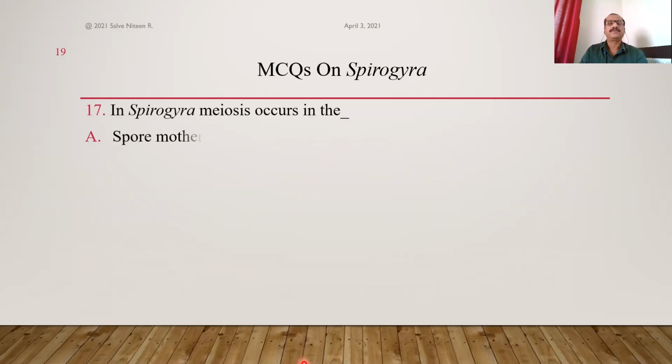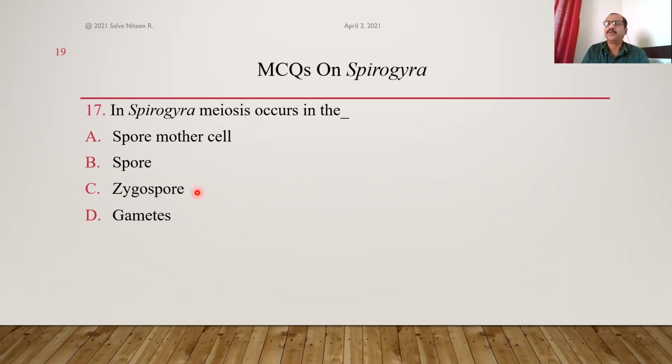In Spirogyra, meiosis occurs in which cell? Spore mother cell, spore, zygospore, or gamete. In which cell does meiosis occur in the life cycle of Spirogyra? We have studied that after formation of the zygote, which is very primitive because sexual reproduction is isogamous, that zygote here is called the zygospore, which is a unicellular, uninucleate, diploid structure.